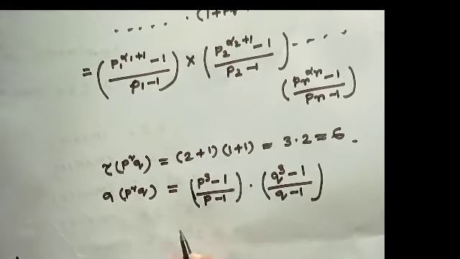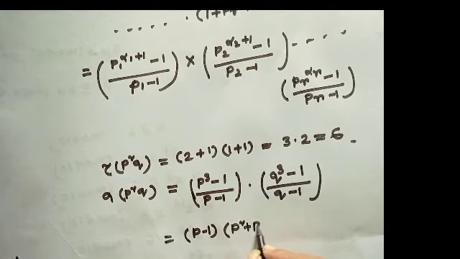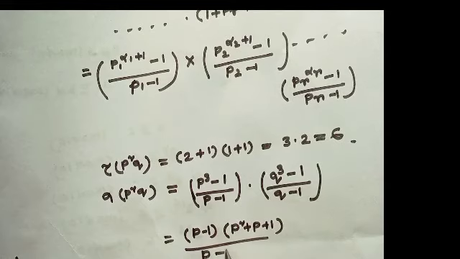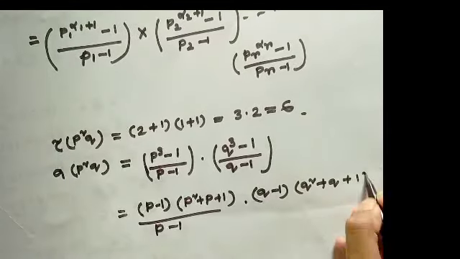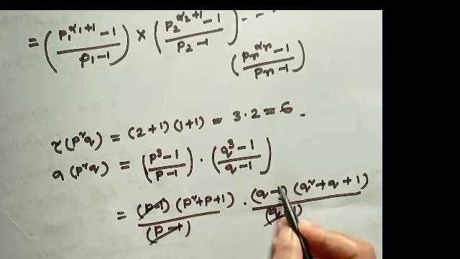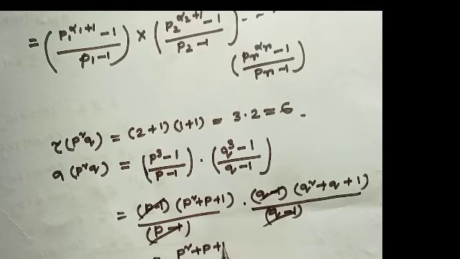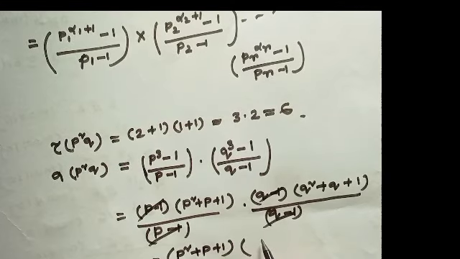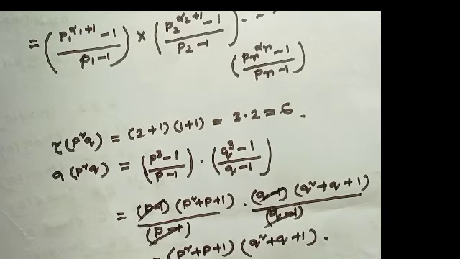Okay, this is equal to p minus 1 times p square plus p plus 1 over p minus 1, times q minus 1 times q plus 1 over q minus 1. That means this is equal to p square plus p plus 1 times q plus 1. Okay? Well.